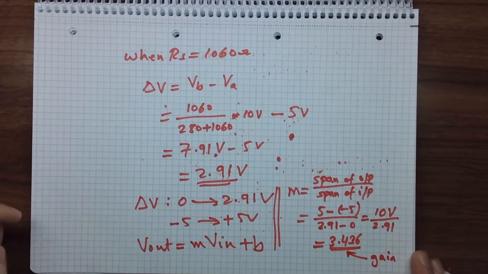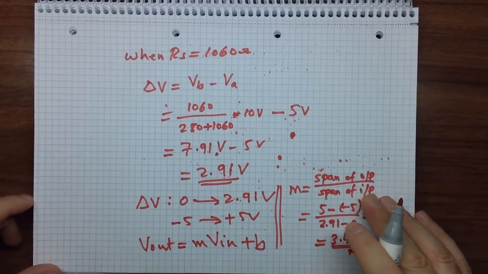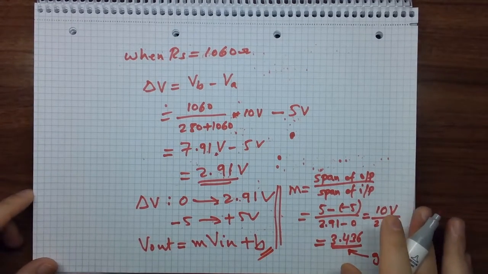Okay. Now we need to find the value of B by substituting the first point.